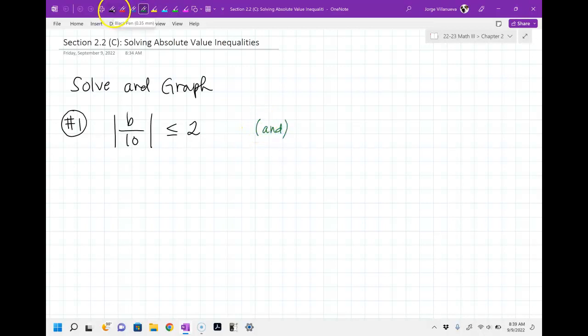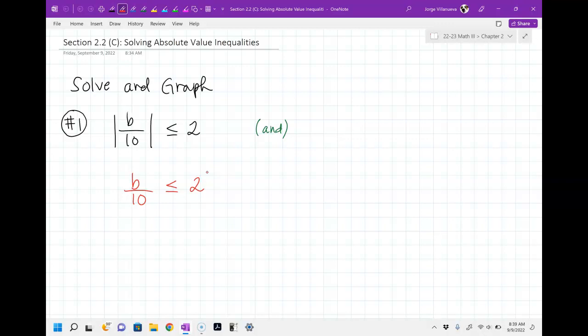Let's do the work here. When we did absolute value equations, we had to break it up into two equations. So here's the first one: B over 10 is less than or equal to 2.